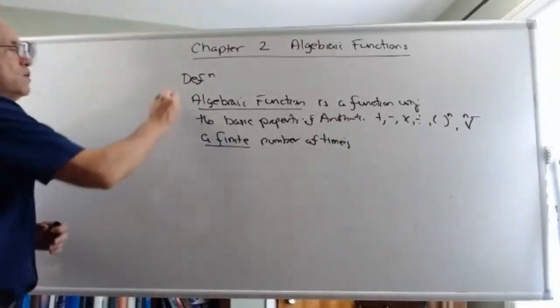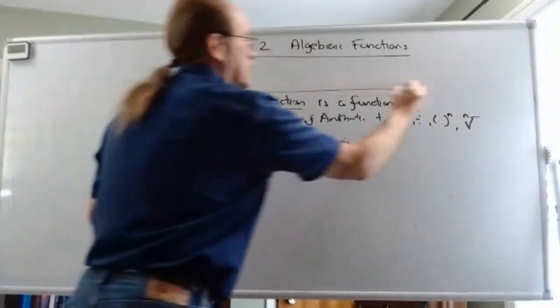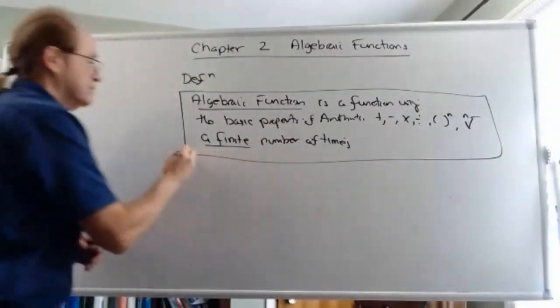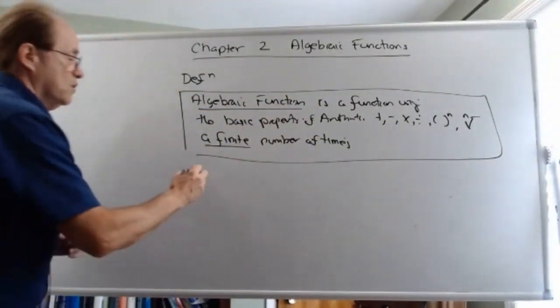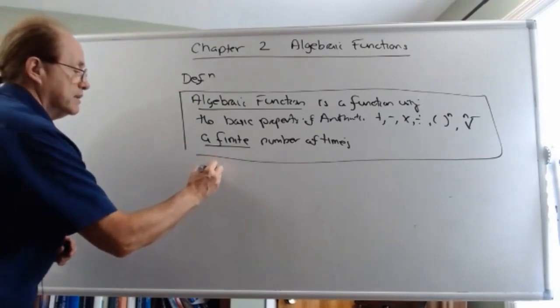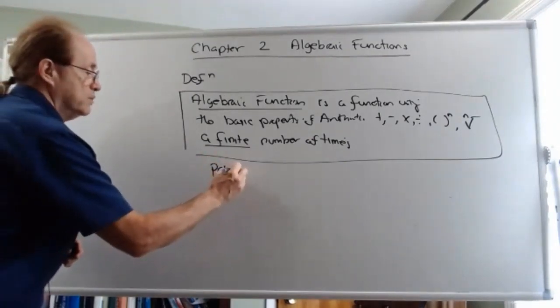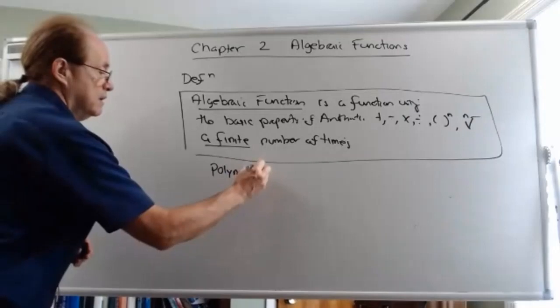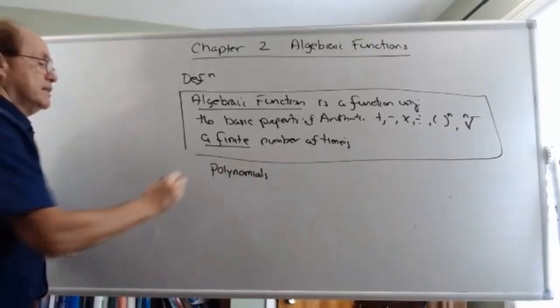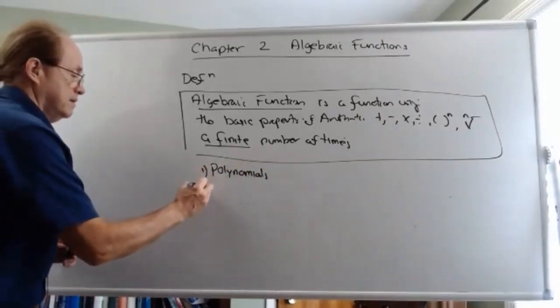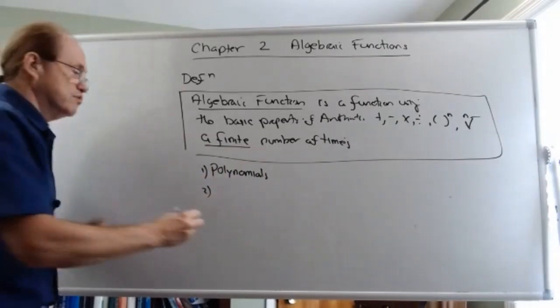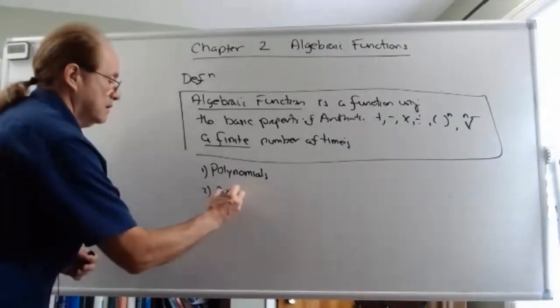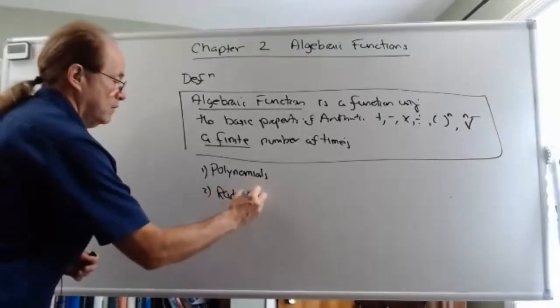So we're going to look at a whole class of functions we call algebraic. And I'm going to list them over here just so you see what they are. The ones that fall into this category are polynomials, or polynomial functions. The other types of algebraic functions are all the radicals, or roots.